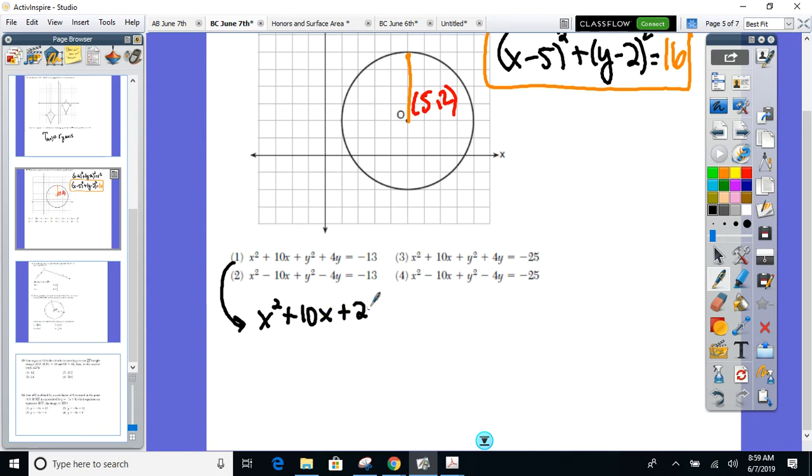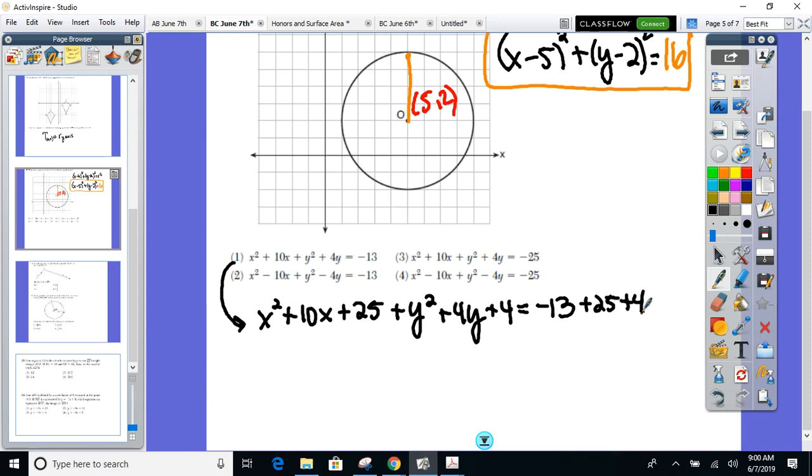So plus 25, plus y squared plus 4y, half your b value squared, plus 4. You have to keep it balanced. What did you just add to the left side? 25 and 4. So I have to add it to the right side.